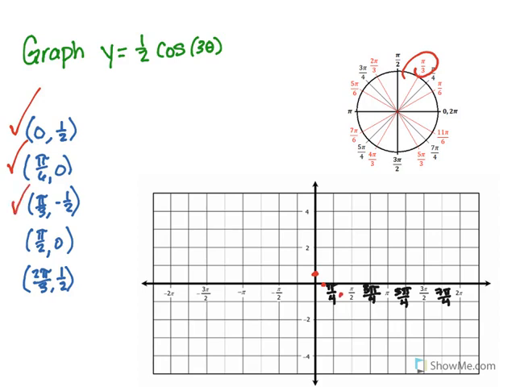That one is done. Now we have pi over 2, 0. That one's easy. We already have that one labeled. And we have 2 pi over 3, comma 1/2. If we go back and look at our unit circle again, 2 pi over 3 is between pi over 2 and 3 pi over 4.